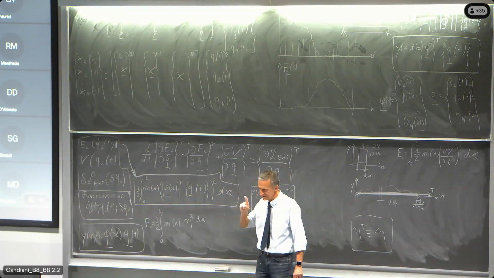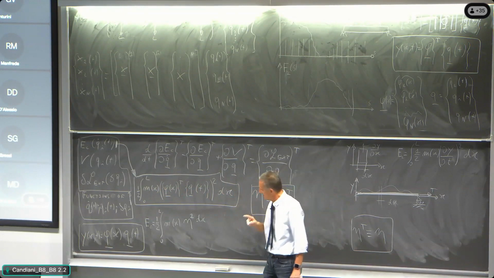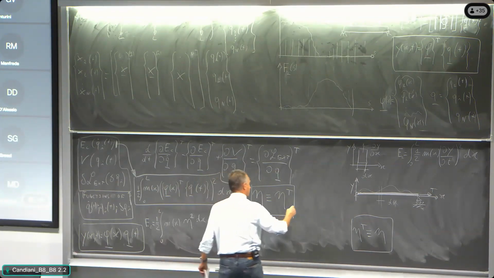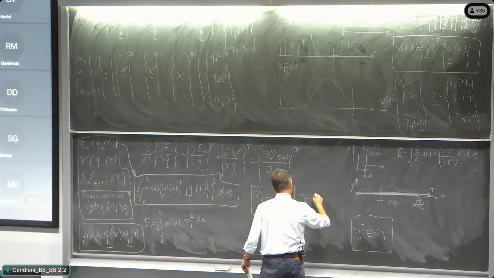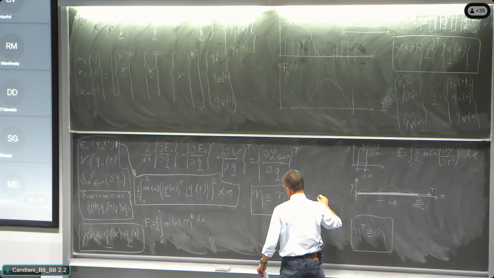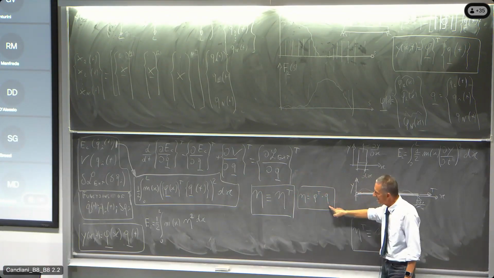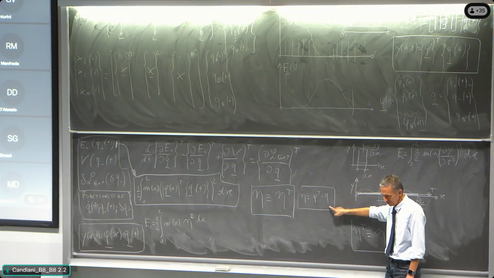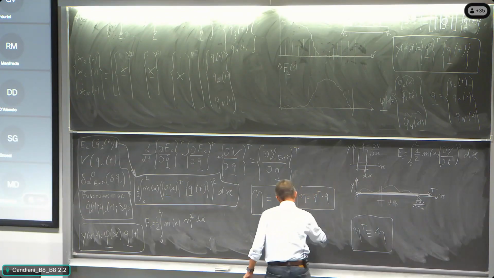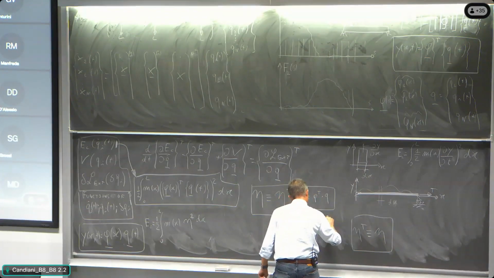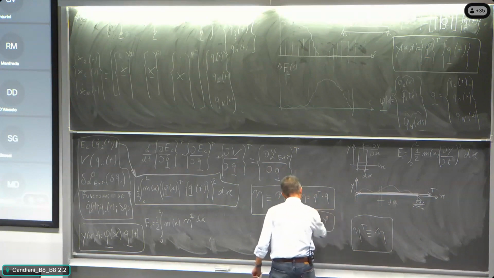So let's keep in mind that I wrote eta. My position is eta is phi transposed times q, all right? Eta transposed is q transposed times phi.